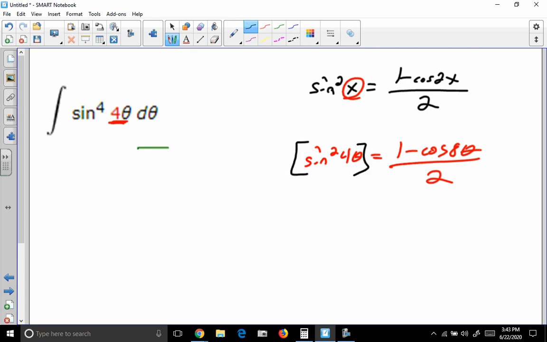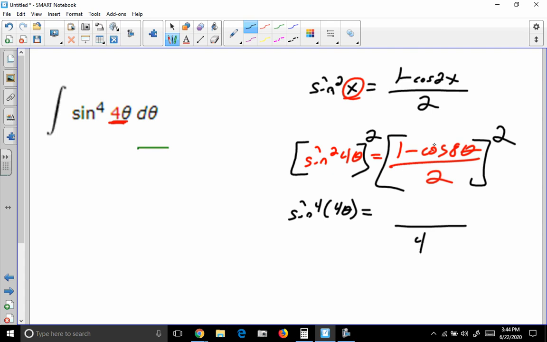We want sine to the 4th. So how do you get sine to the 4th from sine squared? You square it. So that means we're going to have to square that. So sine to the 4th equals that numerator squared divided by the denominator squared. So if we square the numerator, that's 1 minus 2 cosine 8 theta plus cosine squared of 8 theta.